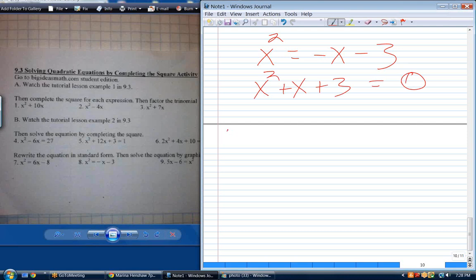Let's find the vertex x coordinate. It'd be negative 1/2. And the vertex y coordinate. What's negative 1/2 squared? One-fourth. Good.